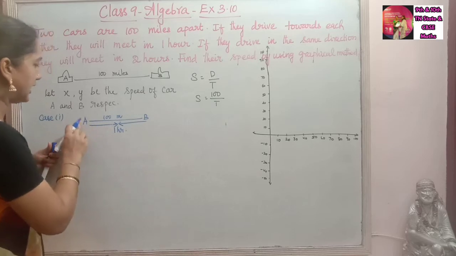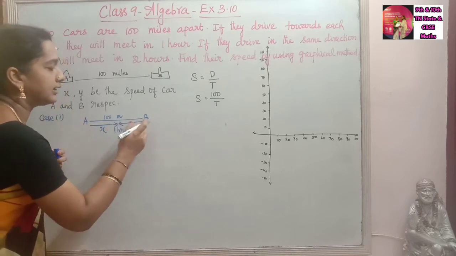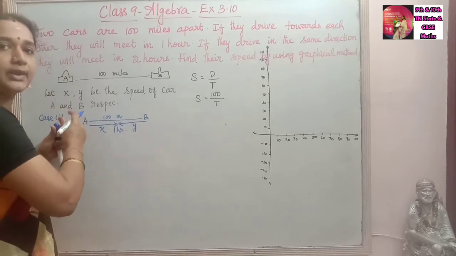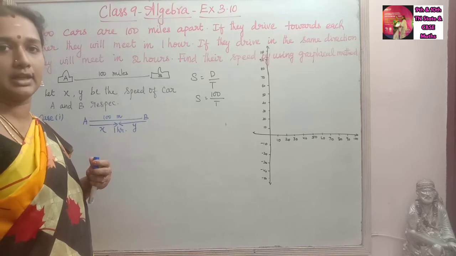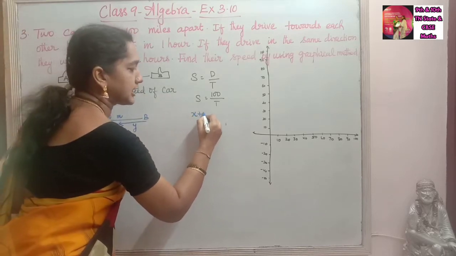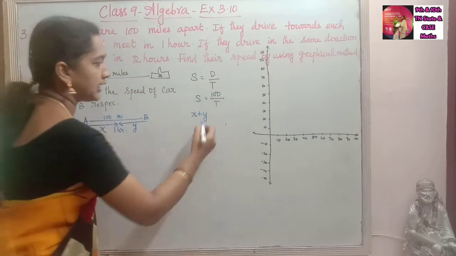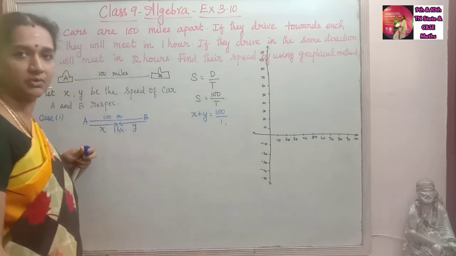If we have taken the speed of car A as X and car B as Y, if we add X plus Y, they will be meeting in 1 hour. So, the speed is X plus Y is equal to 100 by time taken, which is 1, it is given.